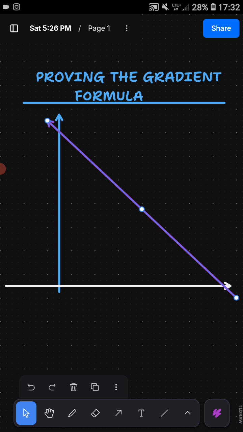Now gradient simply means how steep is the line.